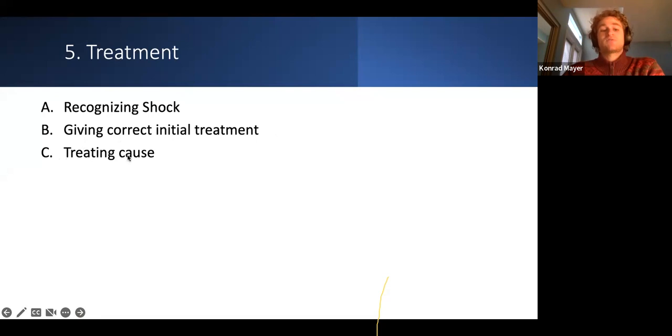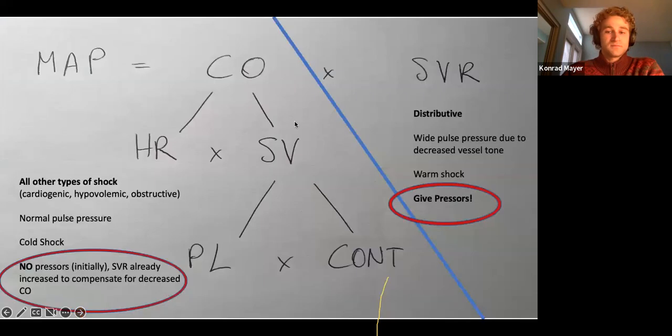And then the last step is treating the cause. But if we aren't able to recognize the form of shock they're in, we've already lost. So this is the most important step, recognizing what kind of shock the patient is in. And I can't stress this enough. So back to the formula, because this is when everything makes sense.